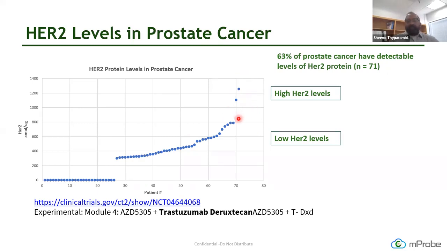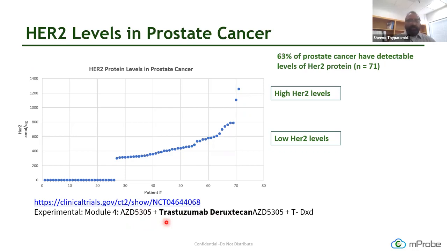But with the low HER2 space opening up in breast cancer, this is a population that could potentially get this new drug. In fact, there is a clinical trial going on in prostate cancer that is a combination of this particular drug, Enhertu or Trastuzumab Deruxtecan, and I think a PARP inhibitor.